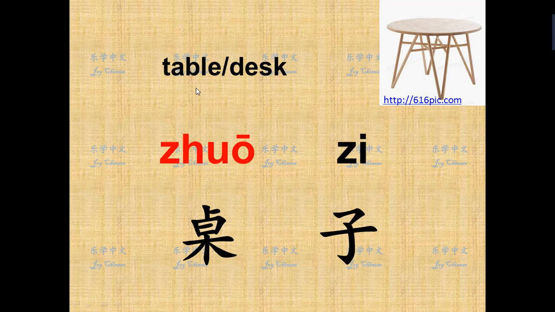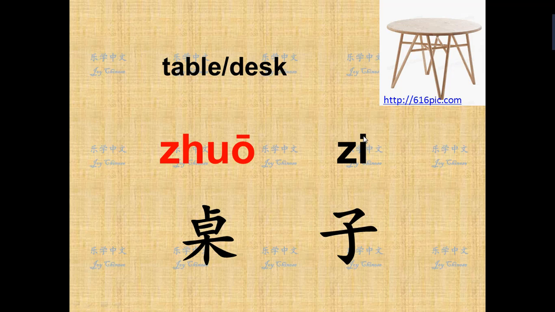Next one is table or desk. It's a combination of zh and uo. Zhuō. So any kind of table or desk for studying, for office, for dining. We say 桌子. So we put a 子 behind it.